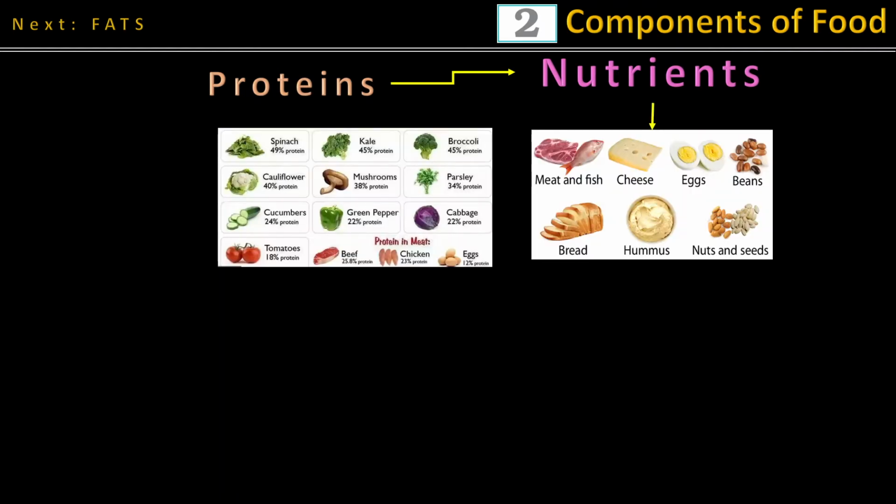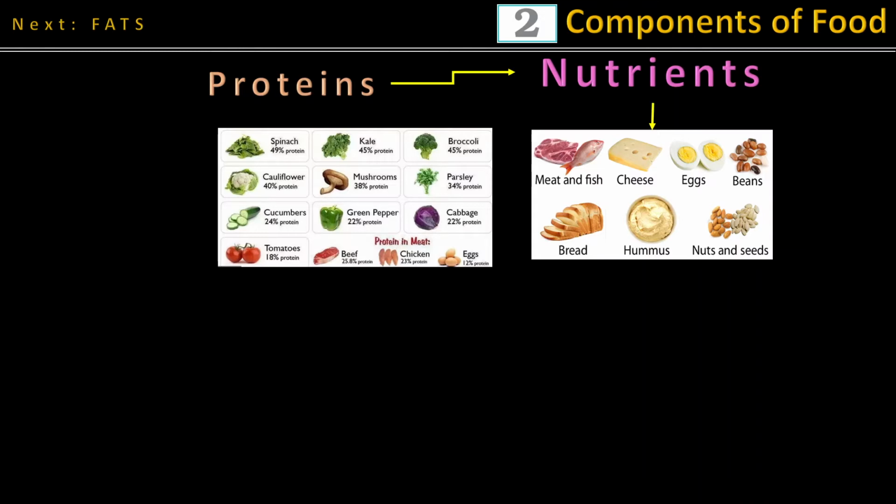What you see on screen, these are the food ingredients which are very much required for our body, and in these the protein component is very rich. For example, if you take spinach, green pepper, cucumber, tomatoes, and bread, eggs, these are different varieties of ingredients.